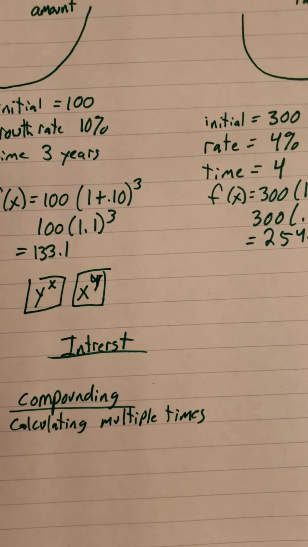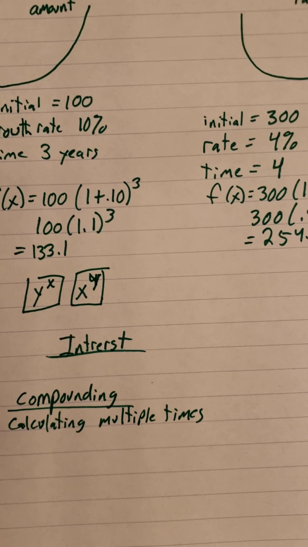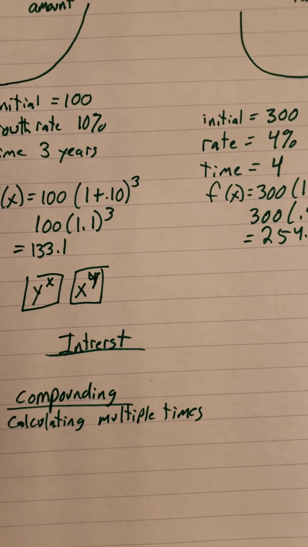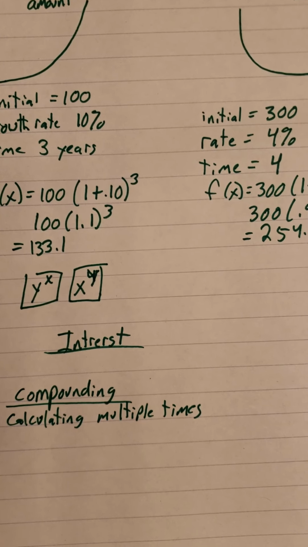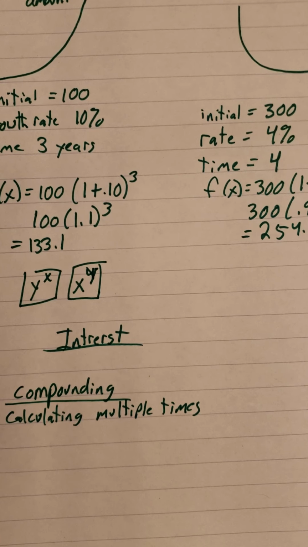So they'll basically calculate your interest multiple times, and if you're gaining money, this works out to your benefit because they're going to compound your interest. You get a little bit more money from that, and then when they do it again next time, instead of just being your initial amount, you get whatever they added in for interest.